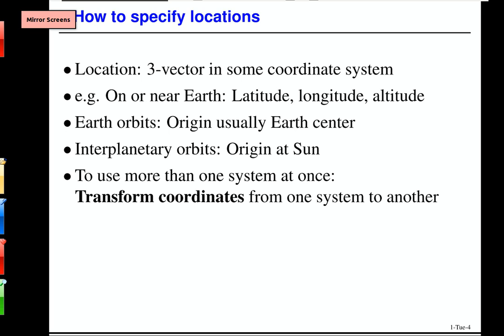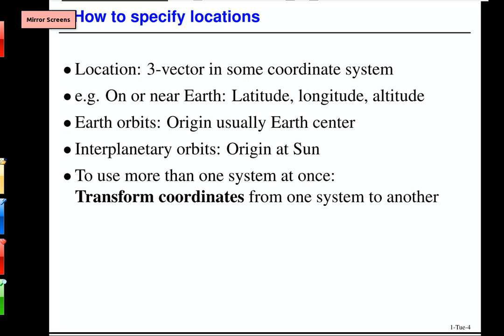If we were in a gravity-free environment, some of you would be up there, kind of all over the room, and I'd have to give 3 numbers for each of you. In general, for things that are in orbit or are traveling through space, we need to give 3 numbers to say where they are. If it's interplanetary space, usually we give numbers with respect to a sun-fixed set of axes.